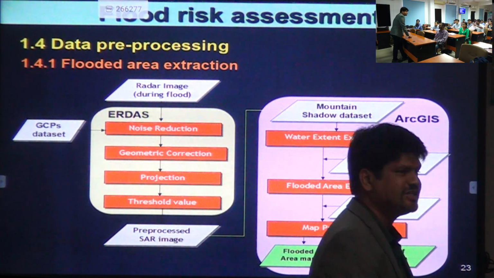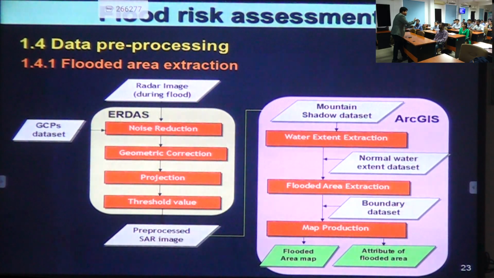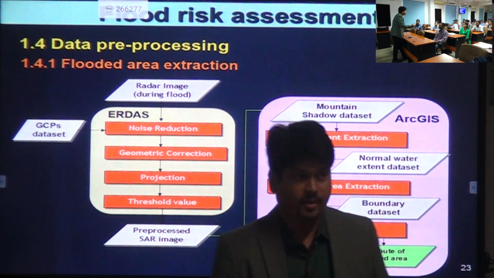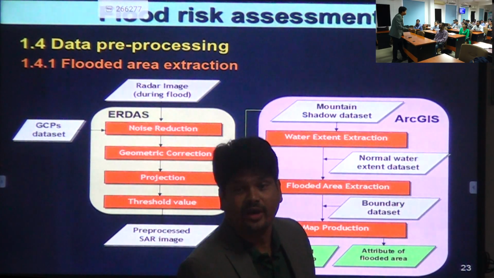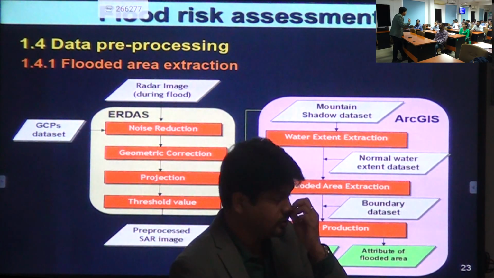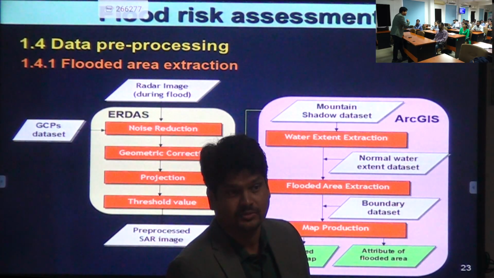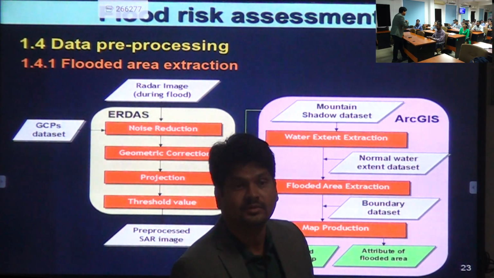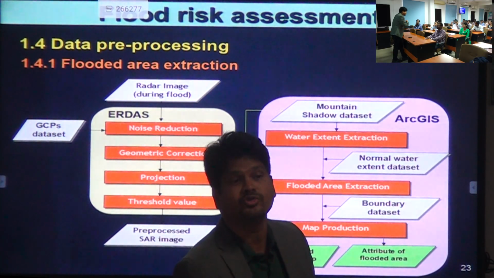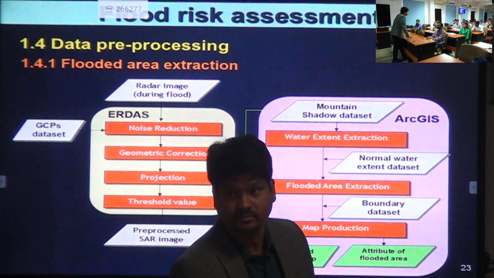We took the GCPs, the ground control points. Why do you need ground control points? Because the image needs to be geo-rectified, and the GCPs are also useful for training the samples, training different classes and all that. GCPs are ground control points, which have to be homogeneously distributed throughout the field.